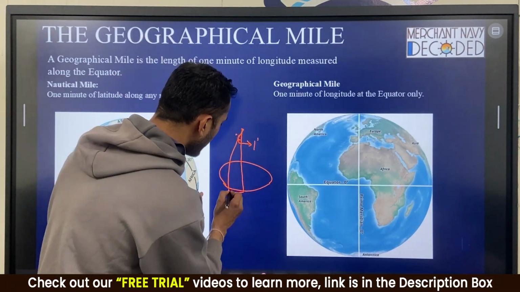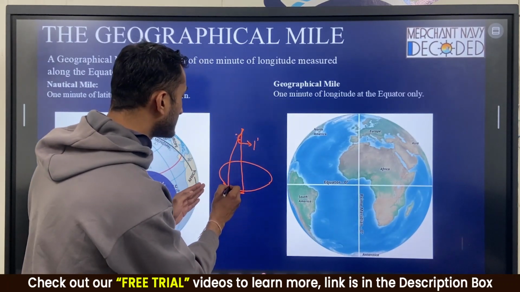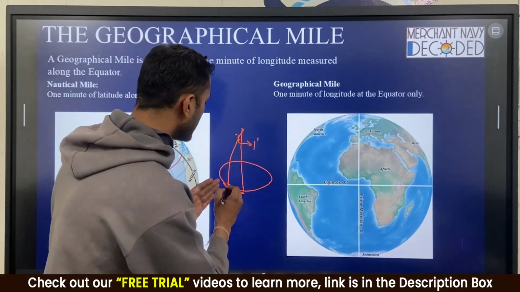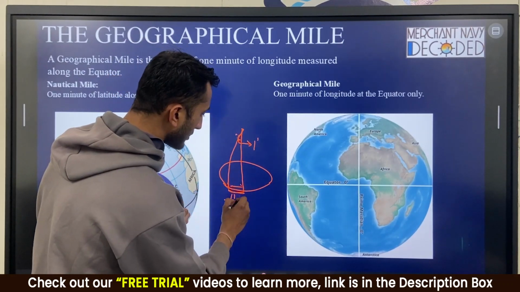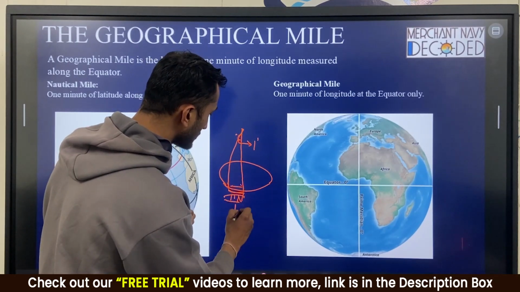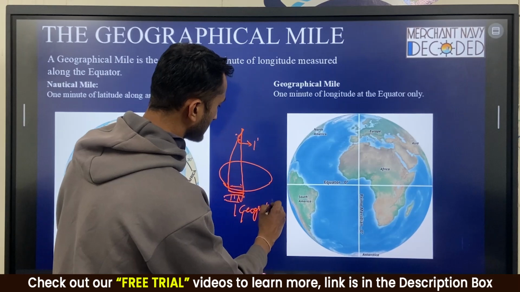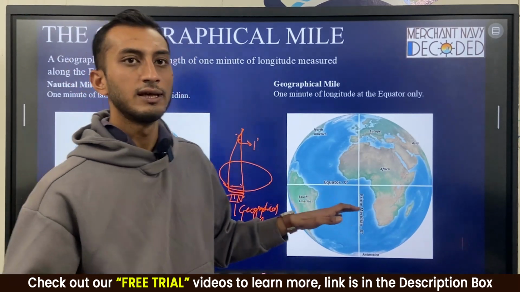So what is the distance between the two longitude at that point? This distance is 1 geographical mile, and it is measured along the equator.